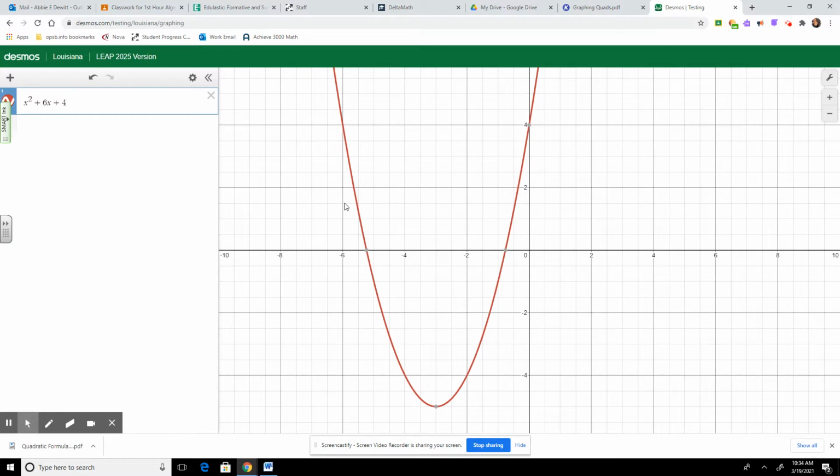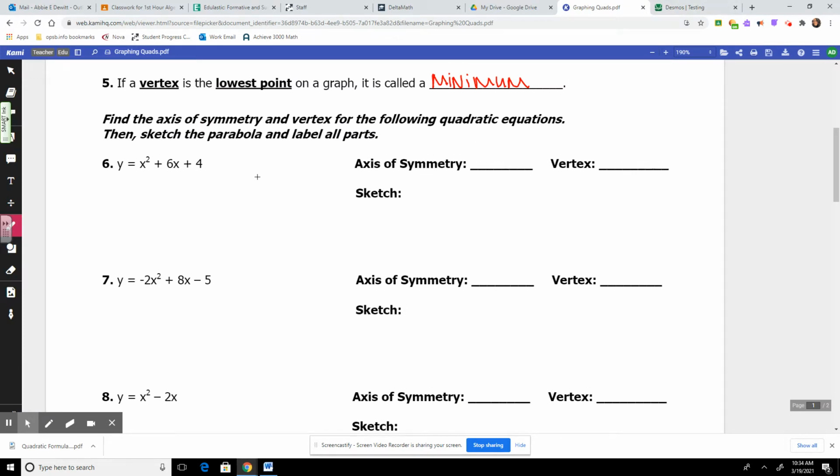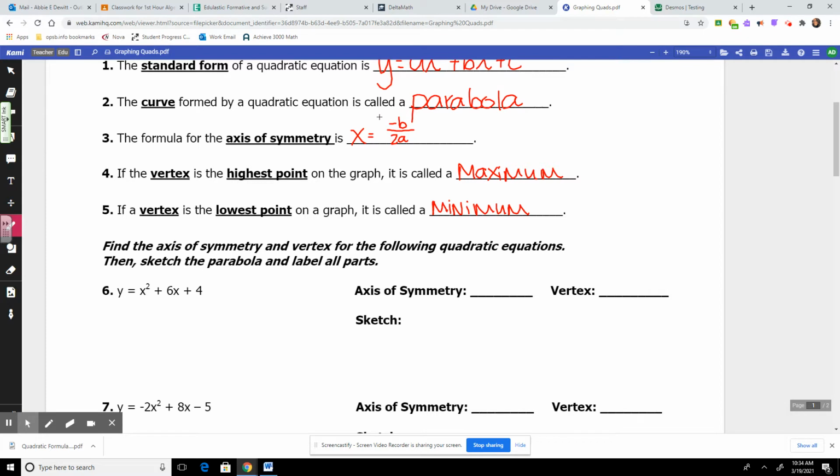Okay. The axis of symmetry. What is the axis of symmetry? Well, if I wanted to find it algebraically using this formula, you could do x equals negative 6 divided by 2, because that's negative b, where b is positive 6, divided by 2 times a, which is 1. That tells you that the axis of symmetry is x equals negative 3.